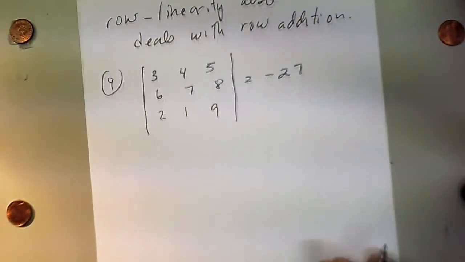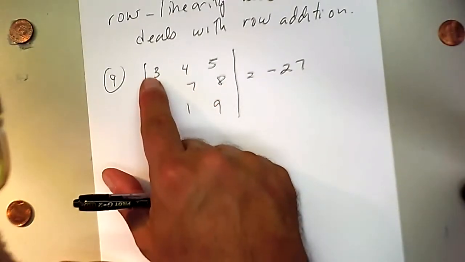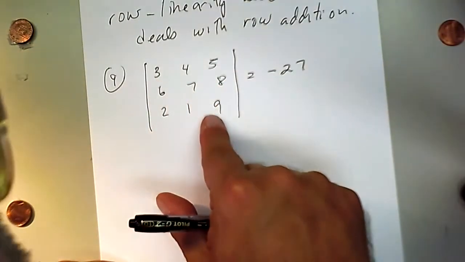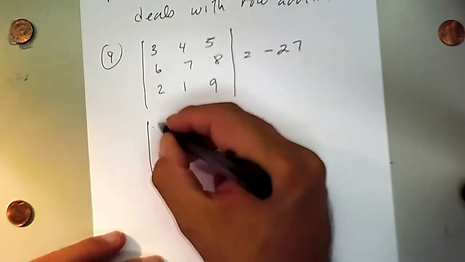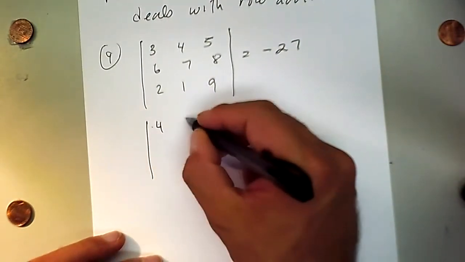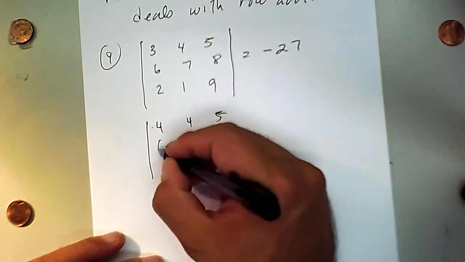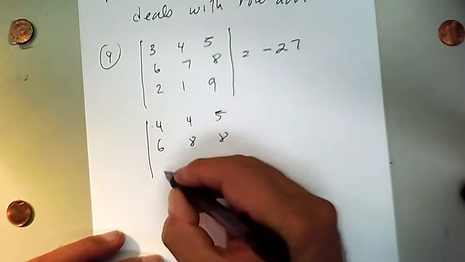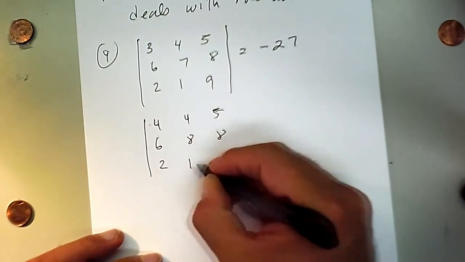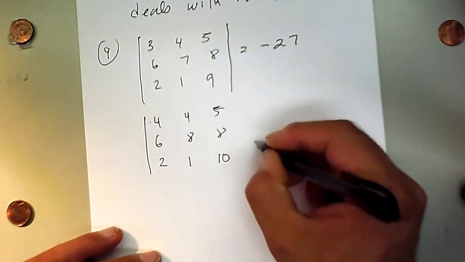Okay. What if we add 1 to each one of those numbers? What if we have 4, 4, 5, 6, 8, 8, 2, 1, 10?